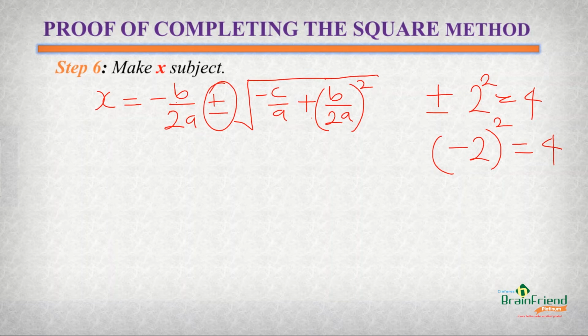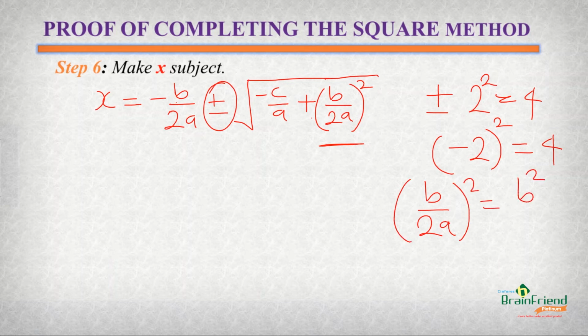Now, let us expand this value in the bracket here. Note also that b over 2a all squared is the same thing as just from your indices b squared over 2 squared times a squared, right? That means we can write this as b squared over 4a squared.